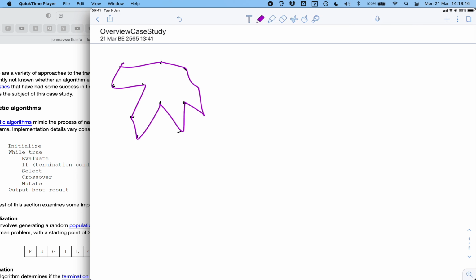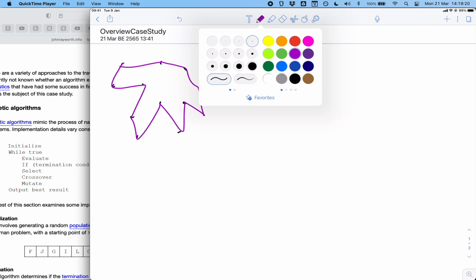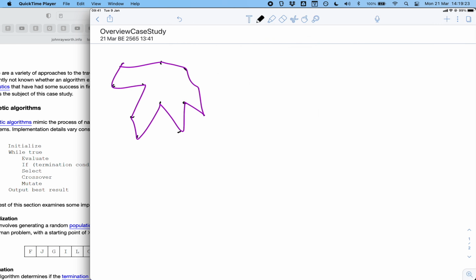So, right, no brute force. We're going to initialize a bunch of populations. Let's say 100. And these are lettered.